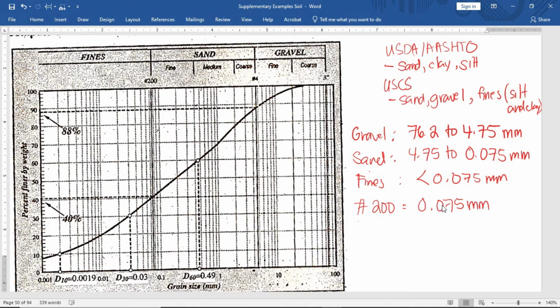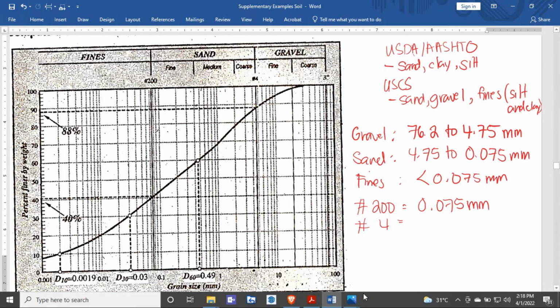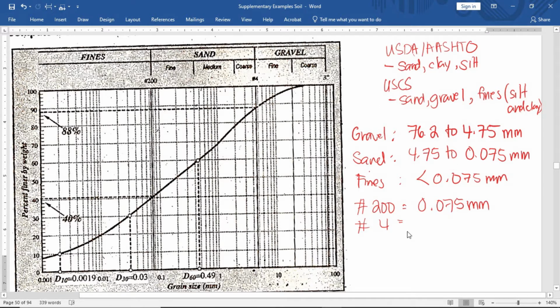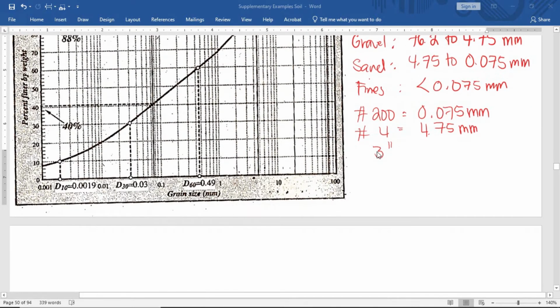And then, ang number 4 sieve is equal to 4.75 mm. Tapos, based dito sa graph natin, hanggang 3 inches ang gravel natin. Yan yung titingnan natin mamaya. Erase ko lang yung okay na yan.